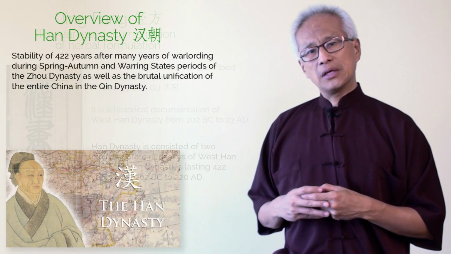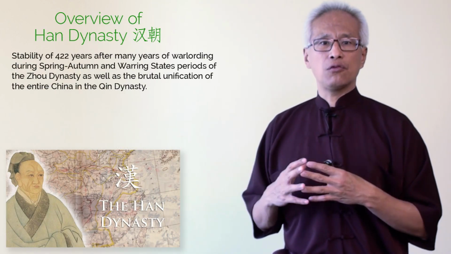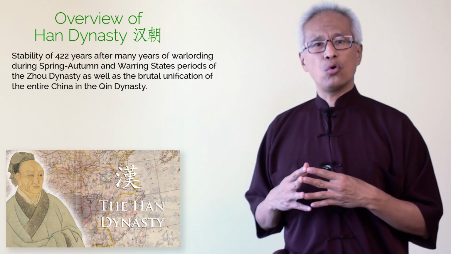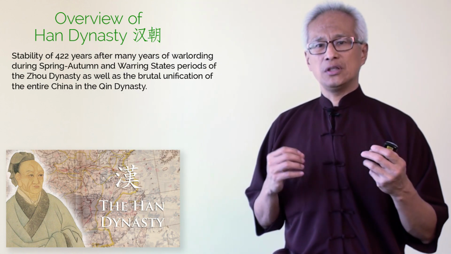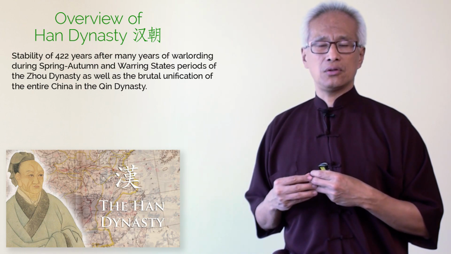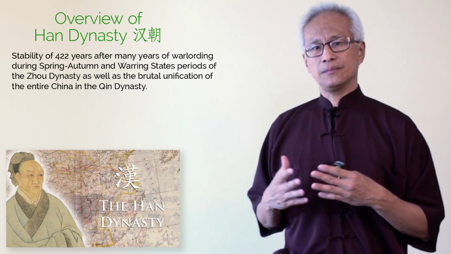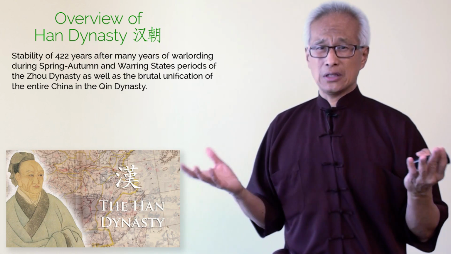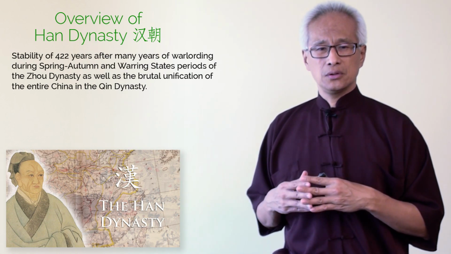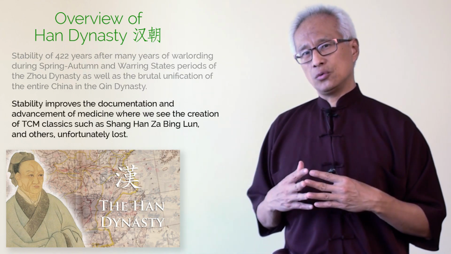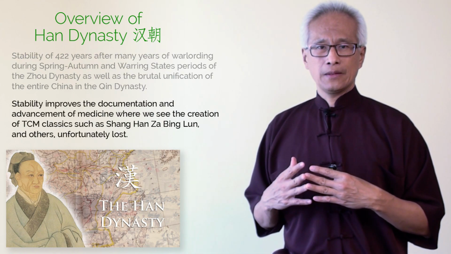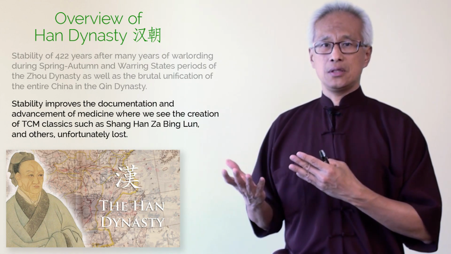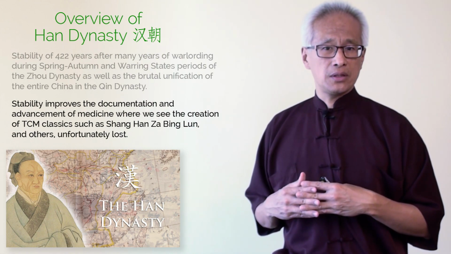Because of this stability of 422 years, after many, many years of warlording during the Spring, Autumn, and Warring State era of the Zhou dynasty, as well as the brutal unification of the Qin dynasty, which only lasts about 30-some odd years, this stability really improves the cultural growth in all areas, and not the least, also traditional Chinese medicine.